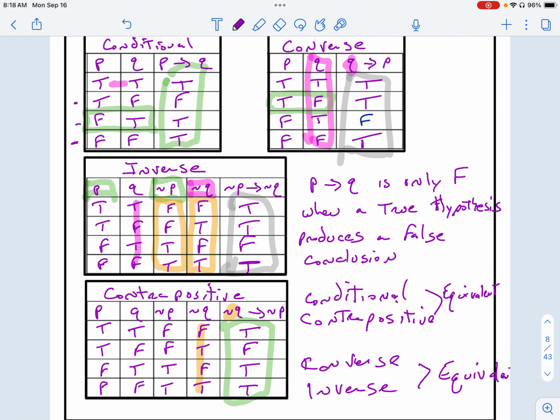And we're going to stop there. Next, we'll talk about 2.2, inductive and deductive reasoning.